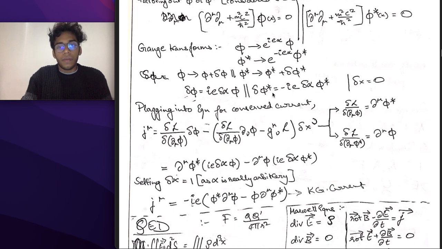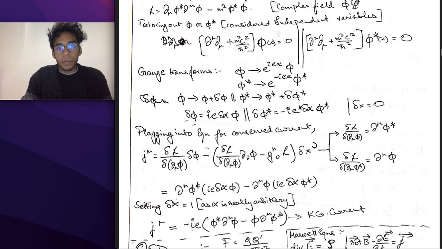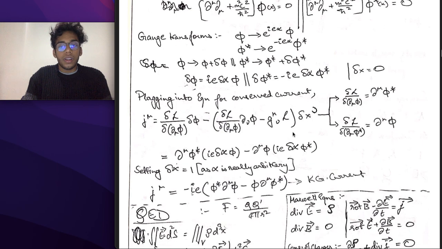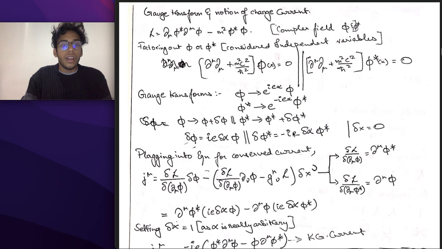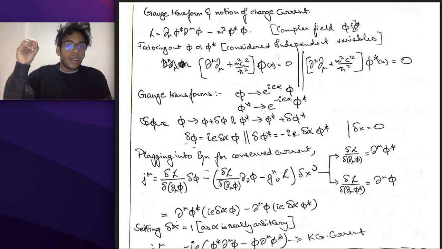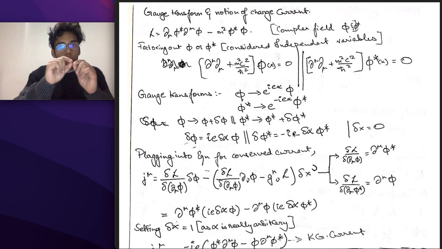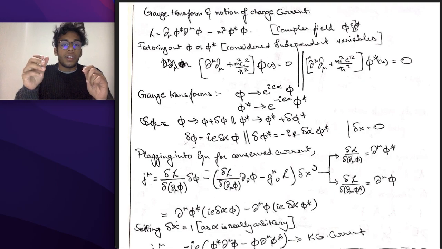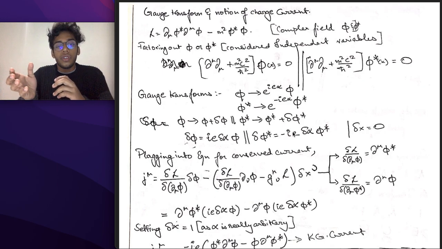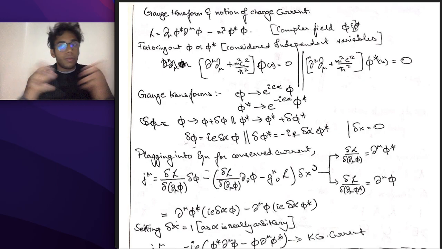You just use this principle and play around with it. You transform your current to see if it changes when you choose a different gauge. When you do a gauge transformation, you see whether your Euler-Lagrange equation changes, your current changes, all these things, right?